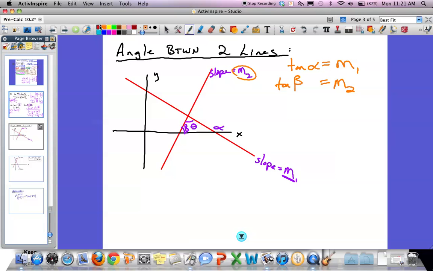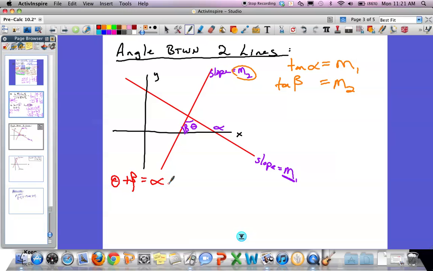I don't know if you learned it that way or not, but something to that effect. So when I look at a triangle like this, I know that theta plus beta would have to equal alpha. Does that ring a bell to everybody?